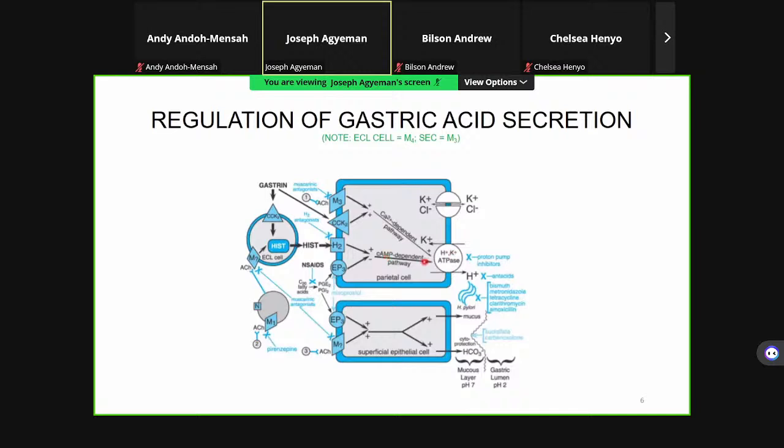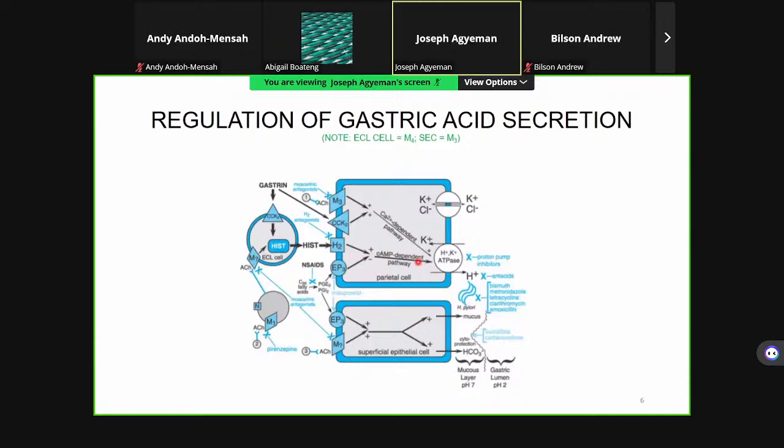One main input is the cyclic AMP dependent pathway, and that can be activated when histamine is around, because this H2 receptor is a GS protein coupled receptor, which when activated also activates adenylyl cyclase. You activate adenylyl cyclase, you produce cyclic AMP. Cyclic AMP around, you are going to produce protein kinase A.